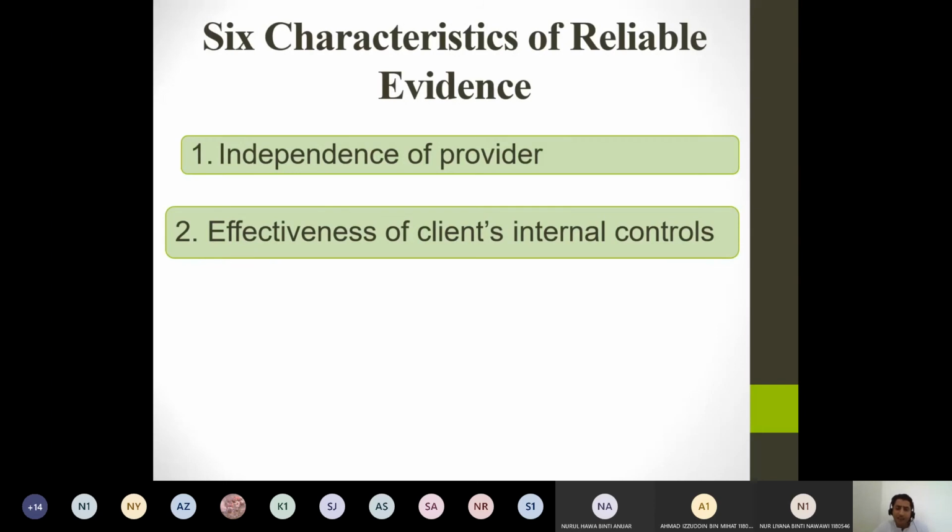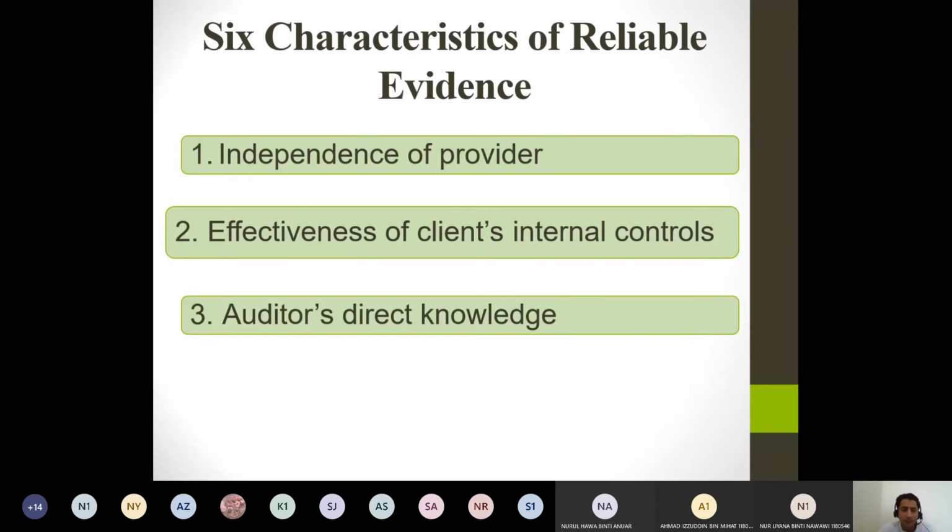But let's say they have manual handwritten invoices, so that is not effective internal control. In that case, we consider the internal control less effective, and that will affect the reliability of the evidence that we collect. Third is the auditor's direct knowledge.